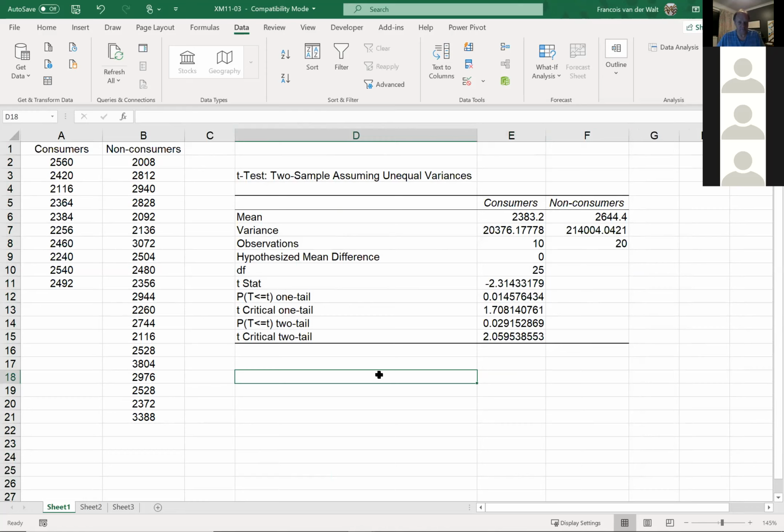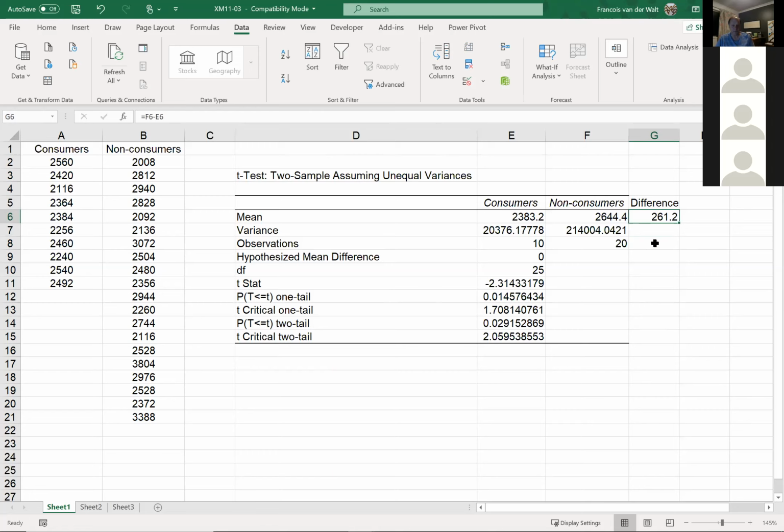Okay, so first of all, I can now do a calculation. And it's very good to initially always do this. So do the means differ? I put non-consumers first because that's what the test tells me. So yes, there is a difference on average of 261 kilojoules or grams or whatever they measure. Are you happy with that?